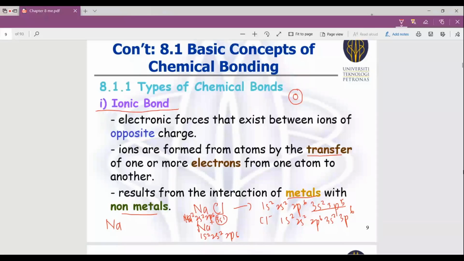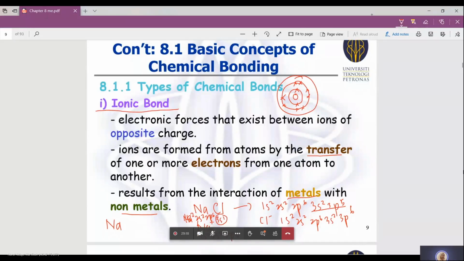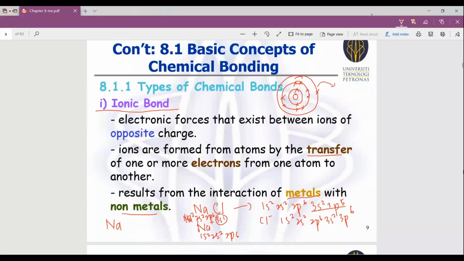Na has 1, 2 and 3. So 1 electron transfers to Cl.